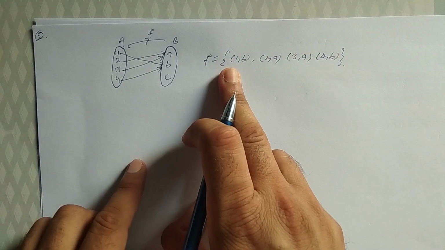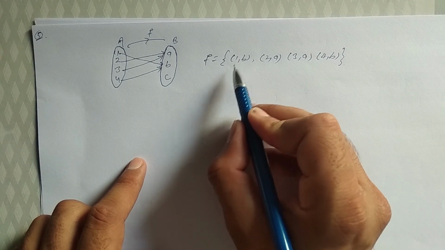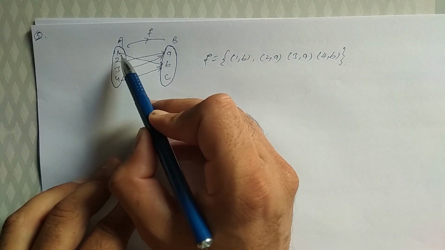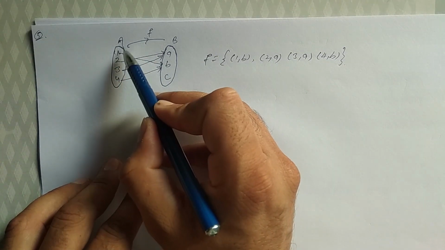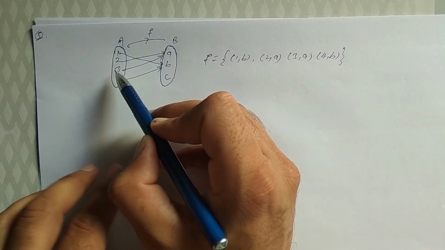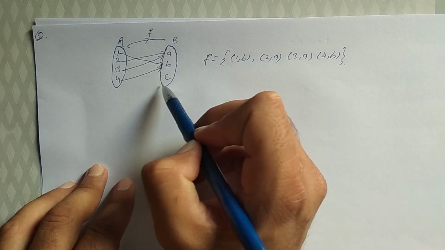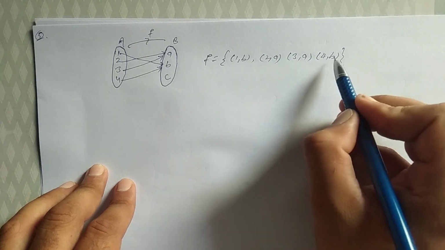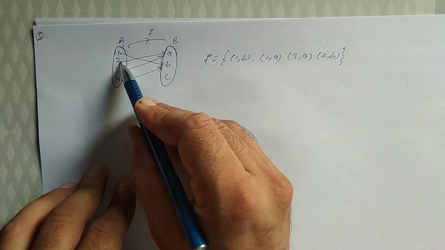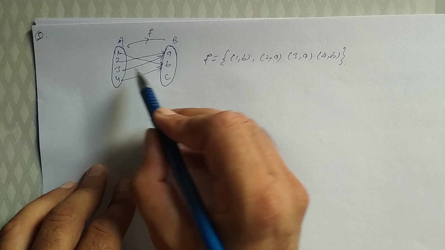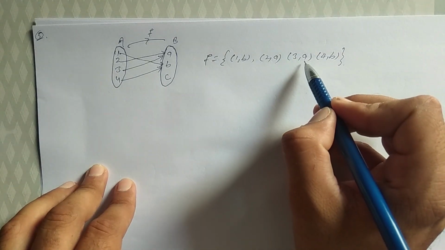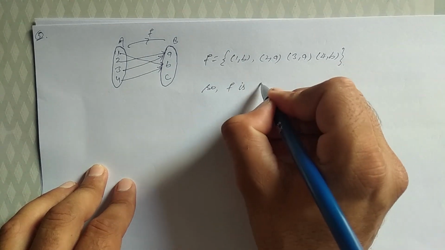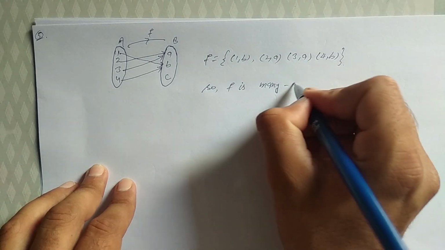It means two or more elements of set A have the same image in set B. Element 1 and element 4 have the same image B, and element 2 and element 3 have the same image A. So f is a many-one function.